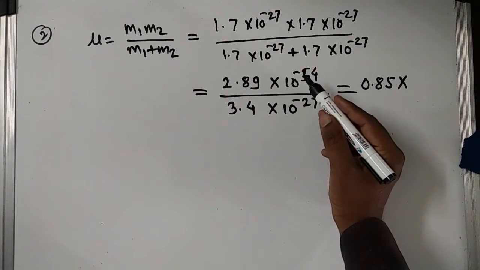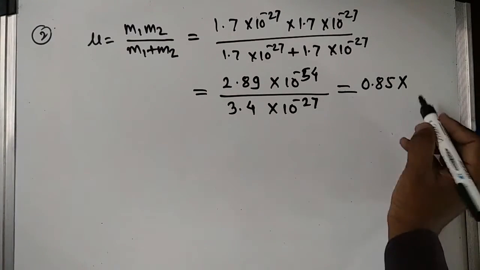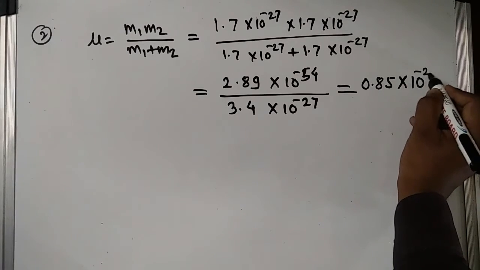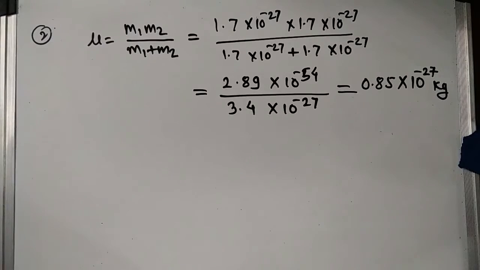So 10 raised to minus 54 plus 27 will be 10 raised to minus 27, and the unit is kg. So that number is 10 raised to minus 27 kg.